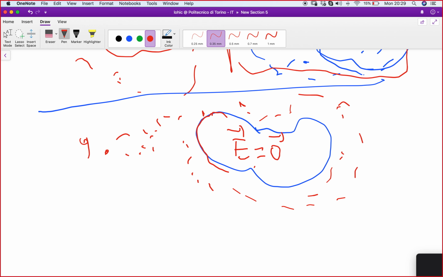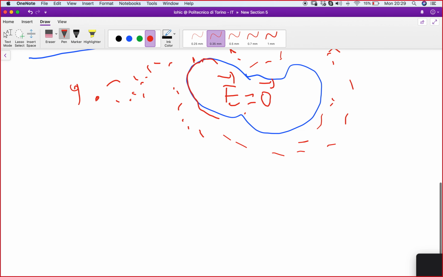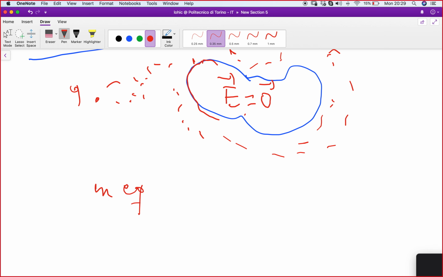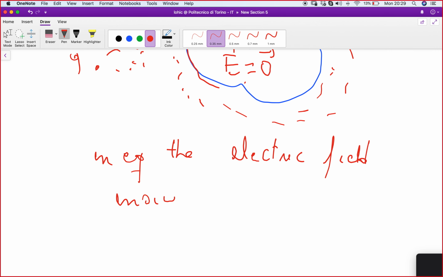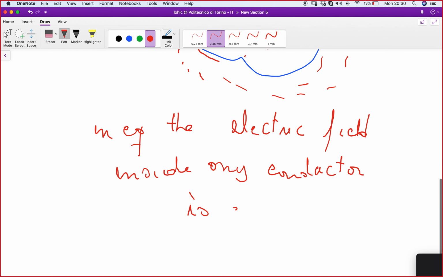Now I am going to explain. We understand that in equilibrium, the electric field inside any conductor is equal to 0, to the null vector.